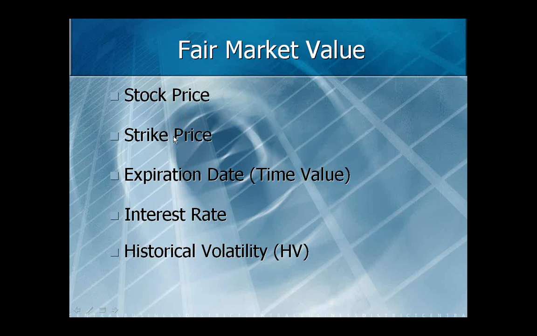We know what the strike price is. We know what the expiration of the contract is. We know, or we can look up, the current interest rate. And we know the historical volatility because historical is looking over the past. How much has this stock moved up and down? What range has it moved over the past? So historical volatility is already known.